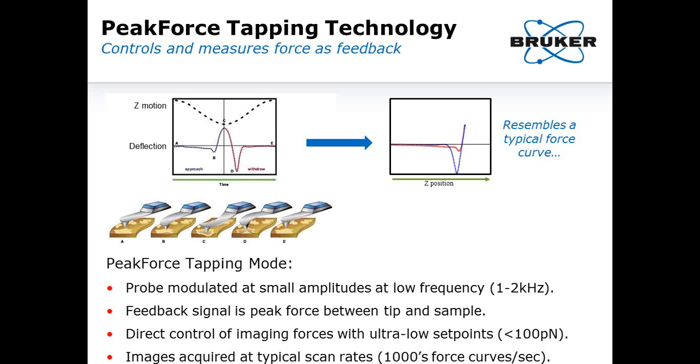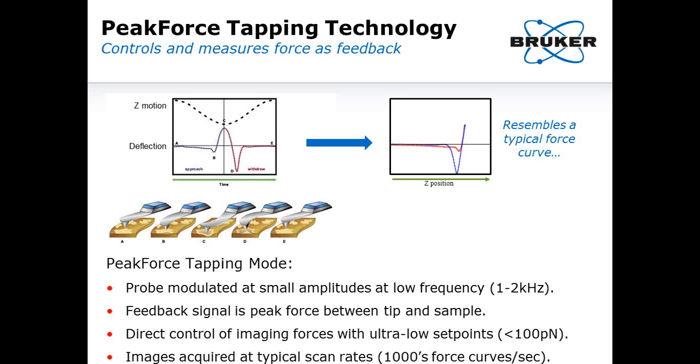Together with sinusoidal ramping, where the tip velocity approaches zero as the tip nears the surface, this enables PeakForce tapping to directly control the tip-sample interaction force, thereby facilitating the use of low set points, such that imaging forces can easily be kept below 100 piconewtons. This helps protect both the AFM probe and the sample from any potential damage.